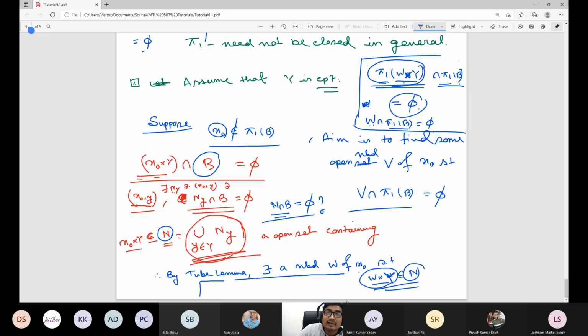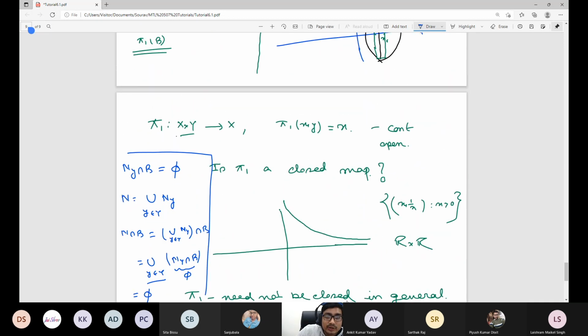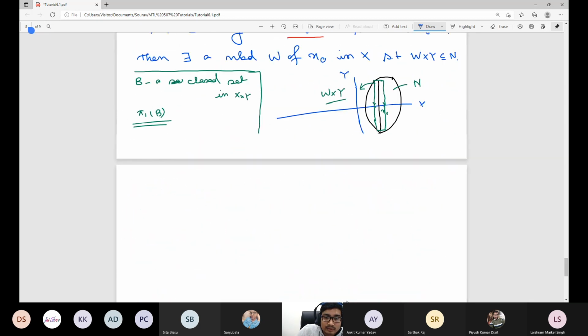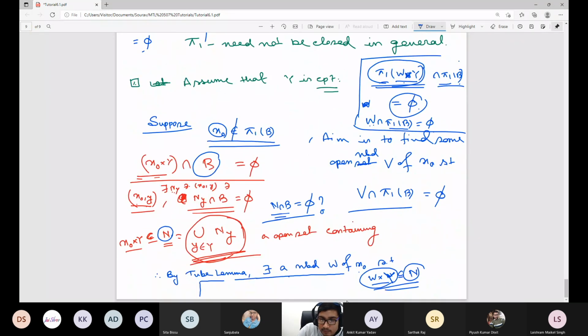So X naught is not a closure point of pi 1 of B. We have taken a point outside of pi 1 of B and proved that this point is not a closure point, right?